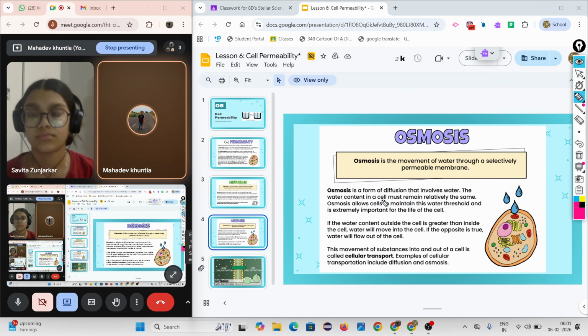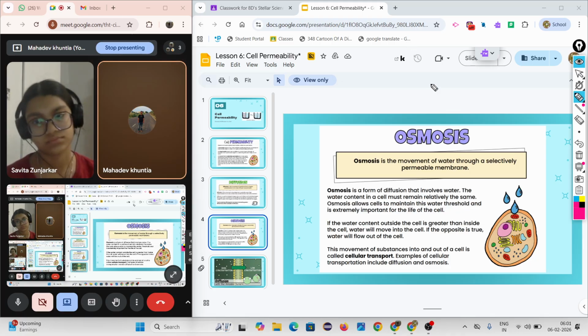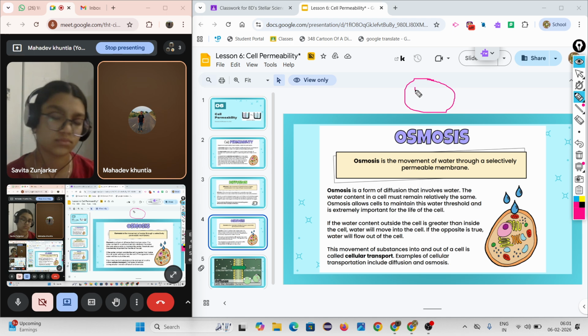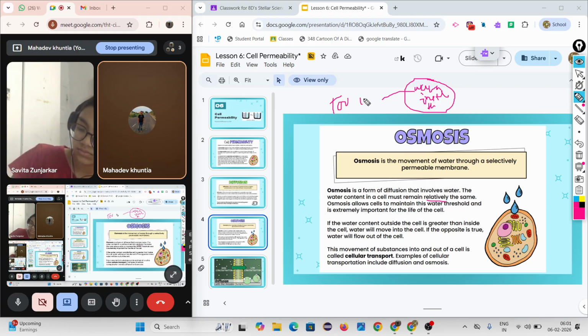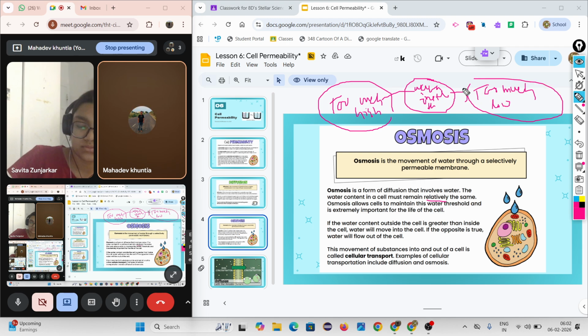The water content in a cell must remain relatively the same. The water inside the cell always remains the same. Relatively means not too much high, not too much low. If the water is too high or too low inside the cell, the cell will die.